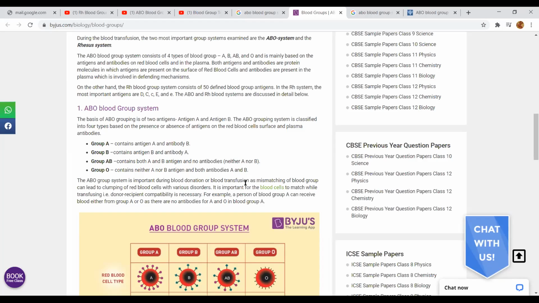Because it has a B antibody and this also has B antibody, so it will not hamper. Since it has no antigen in it, even after addition to group A, it is going to cause no harm, because the blood has no antigen in it and the antibody present in it will not react with it. So that is why blood group O is like a universal donor.